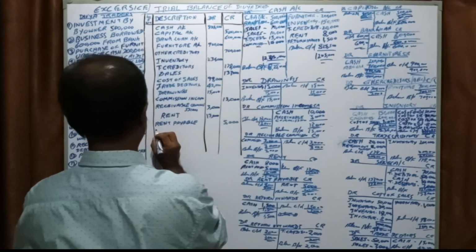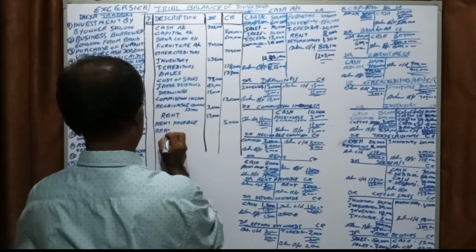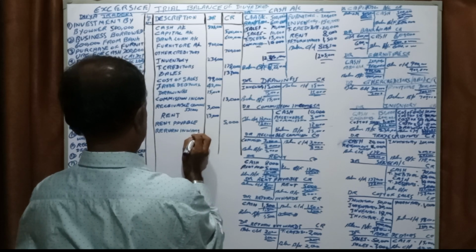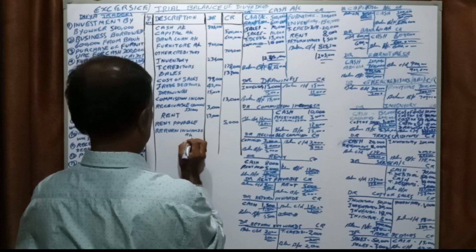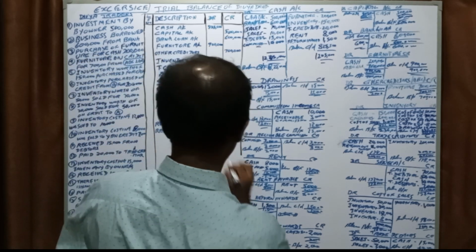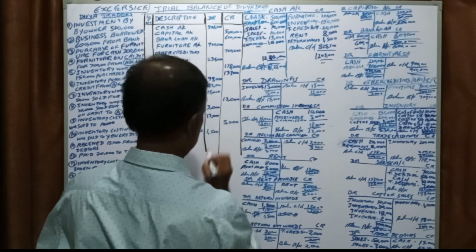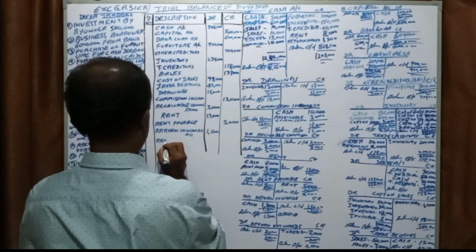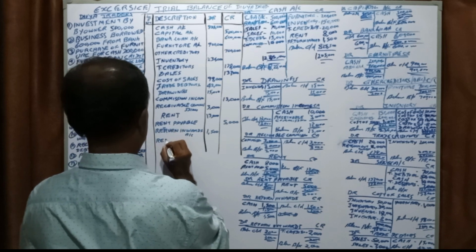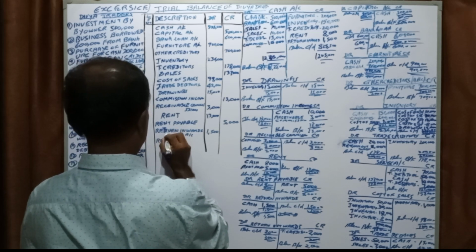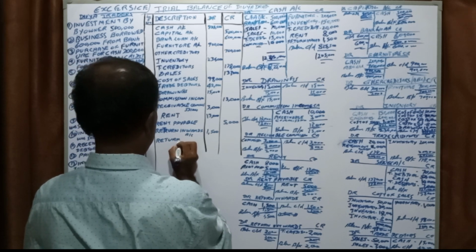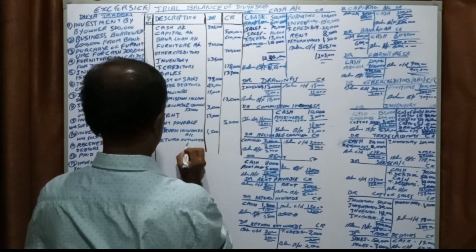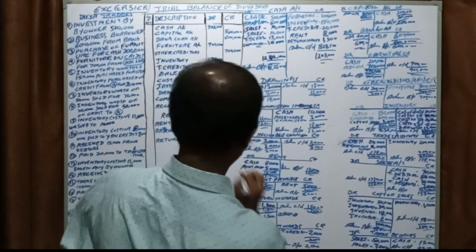Return inwards account, 1,500 debit. Return outwards account, credit 2,000.